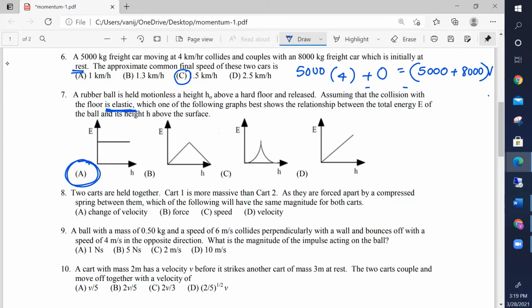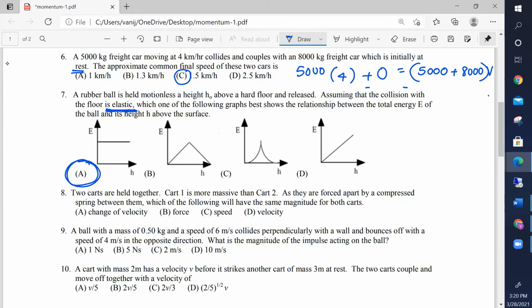It is equal to the final mechanical energy plus some amount of energy that is lost as heat, right? So that is something that you always have to keep in mind, that because it is an elastic collision, the total mechanical energy remains constant. So the answer to 7 is A. Read the question carefully, guys. It's very, very important.